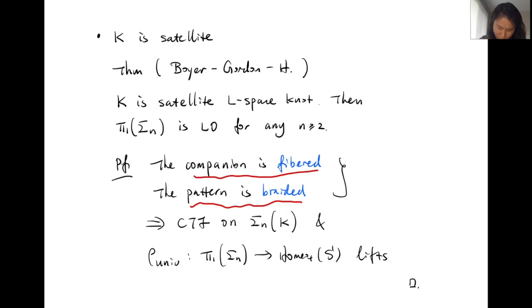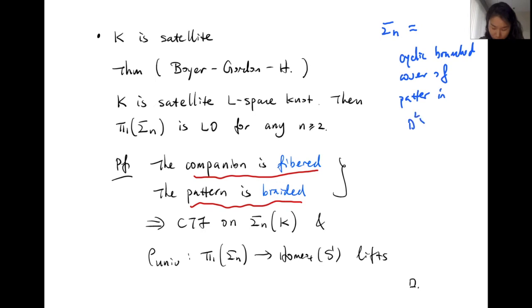The construction is essentially, you are going to use the fact that the cyclic branched cover of the satellite knot is going to be a union of the cyclic branched cover of the pattern in the solid torus, and then a union of a couple of copies of not branched, but cyclic covers of the complement. This is for X, the companion knot.